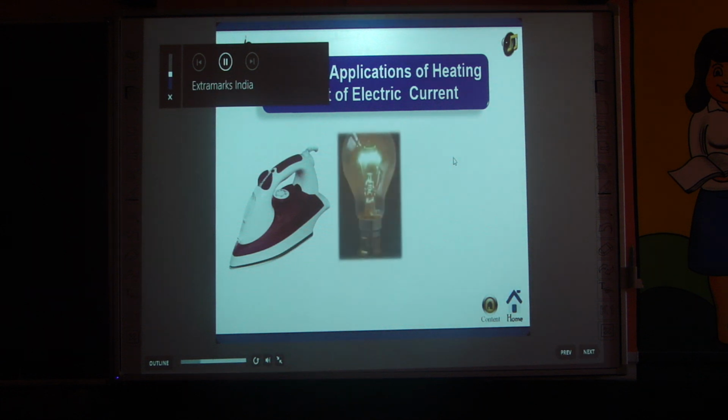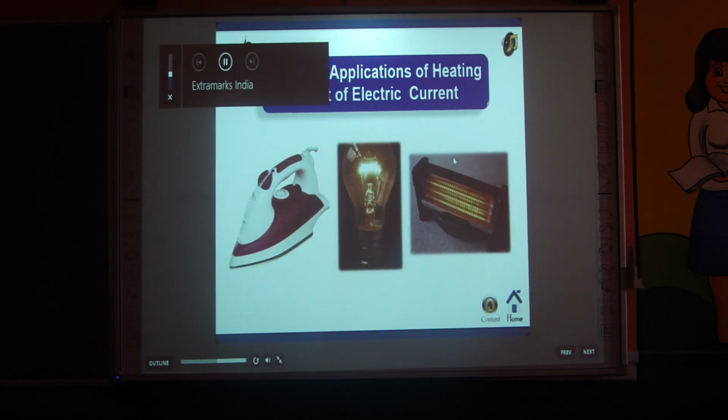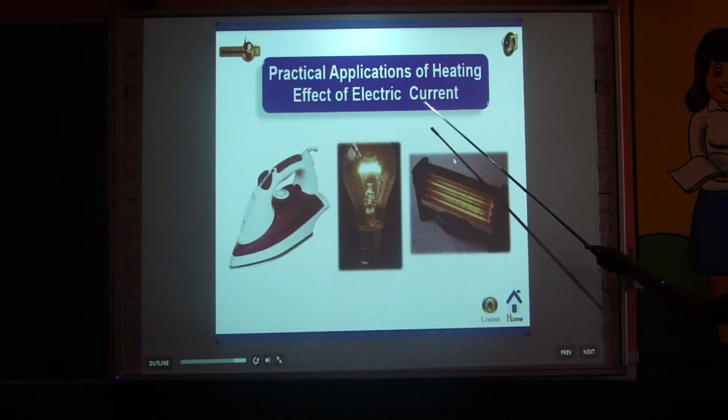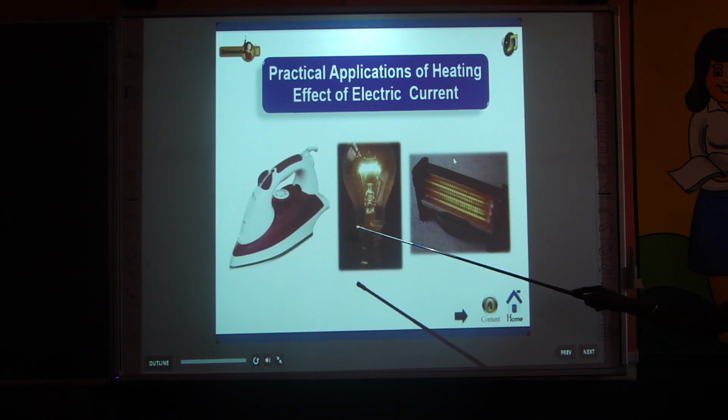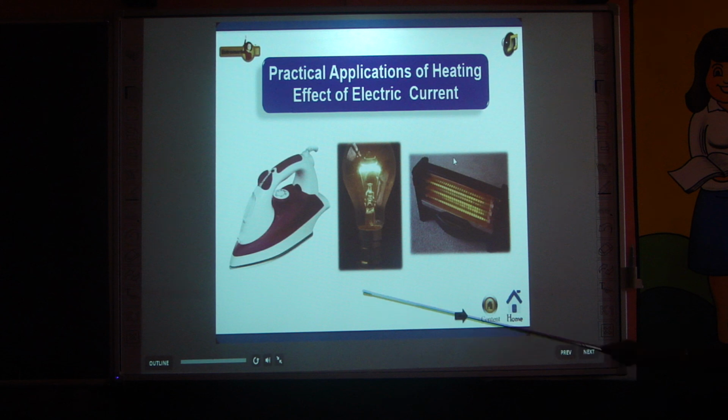What are the practical applications of the heating effect of electric current? See, these are all the applications: iron box and electric bulb. In these, the phenomenon we use is the heating effect of electric current.